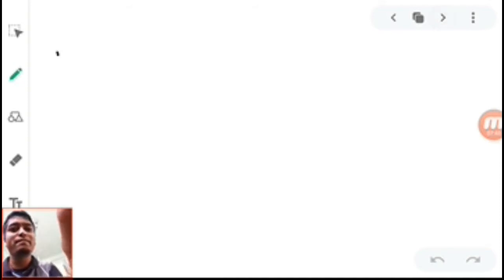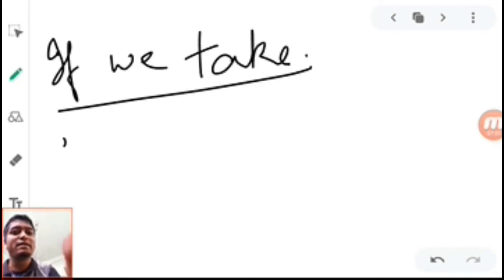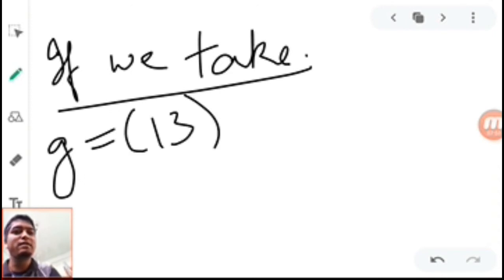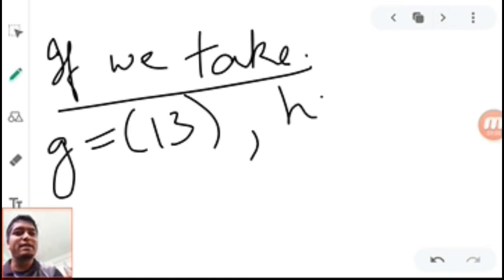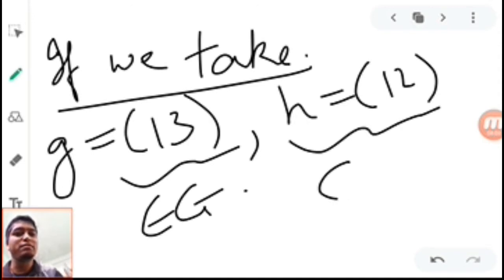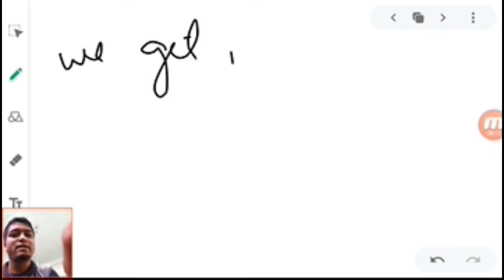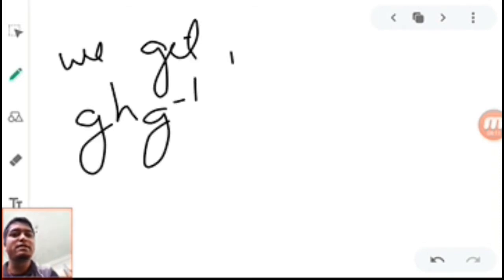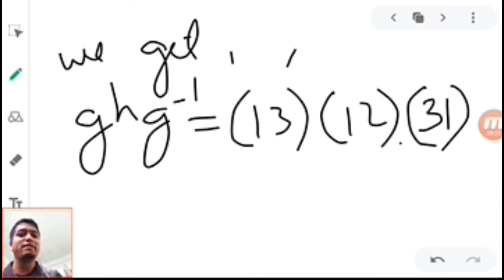But if we take g equal (1 3), just see, g equal (1 3) is still in G, h equal (1 2) is in H. We get g inverse: g is (1 3), h is (1 2), g inverse is (3 1), the inverse of this one is (3 1).